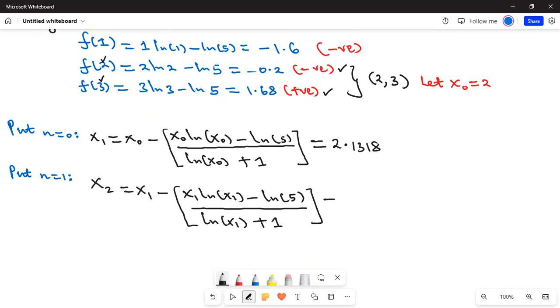Again, press this in your calculator. You need to get 2.1294. Remember, you proceed until you get to a constant figure.